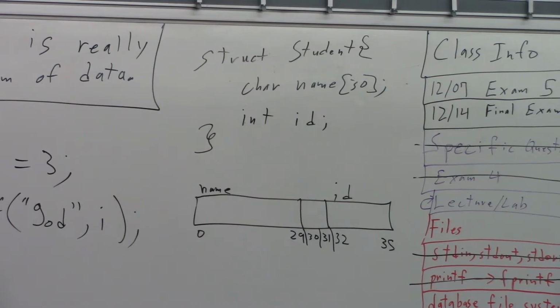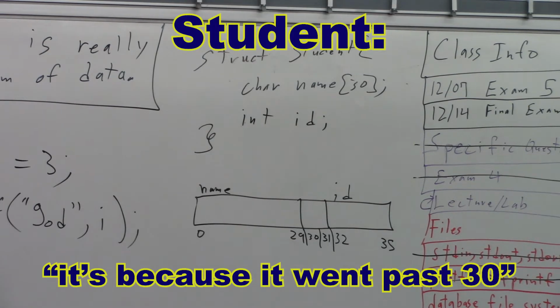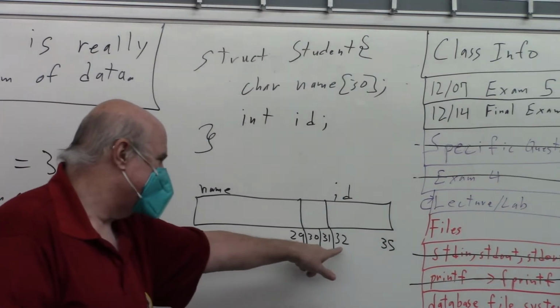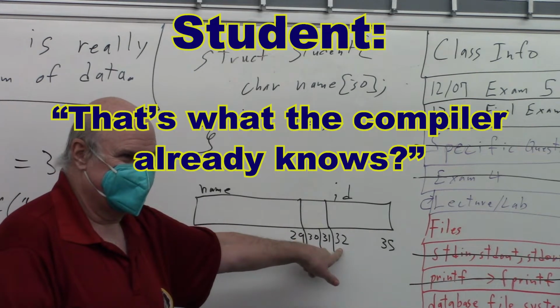I haven't declared any variable. It's because it went past 30. And you did say that there's going to be 2 bytes of white space, that's why there's 30 and 31 between the name and the ID. But the ID itself starts at byte 32. That's all this means. That's what the compiler already knows.